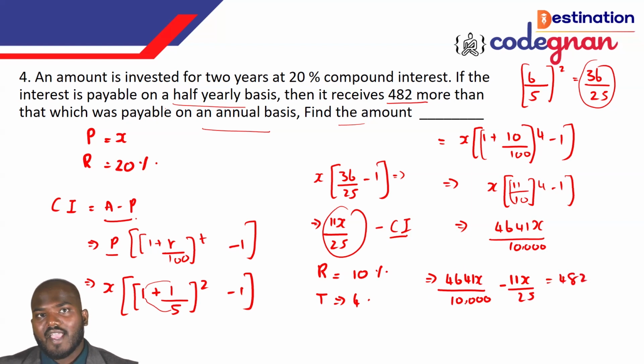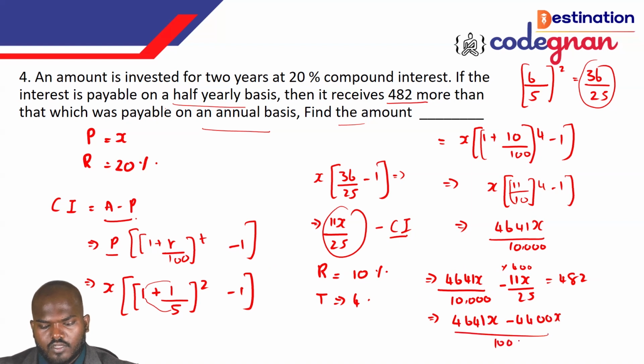The LCM of 10,000 and 25 is 10,000, but you need to multiply by 400 to get 10,000 here. So that gives 4641x minus 4400x, all by 10,000, is equal to 482.